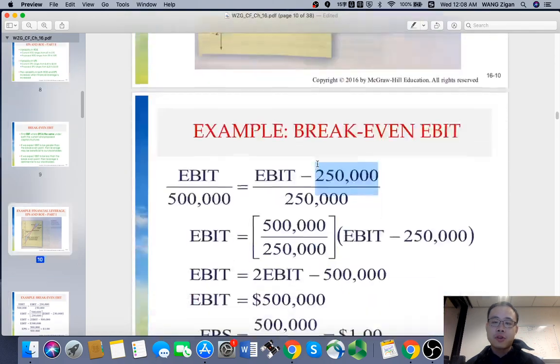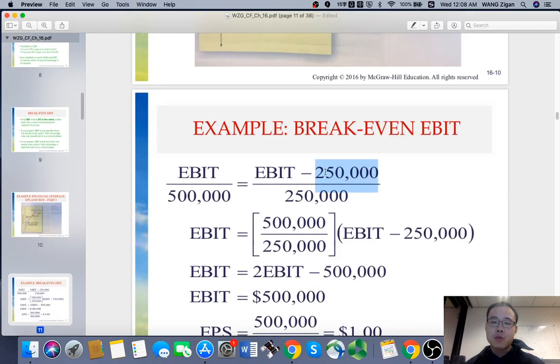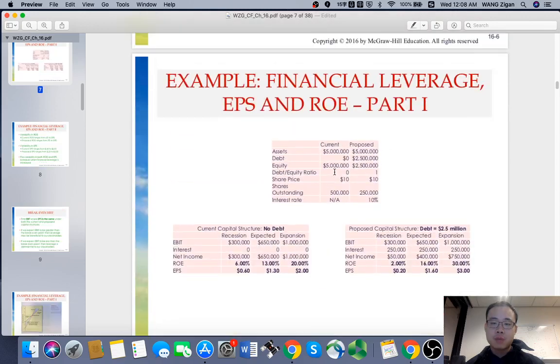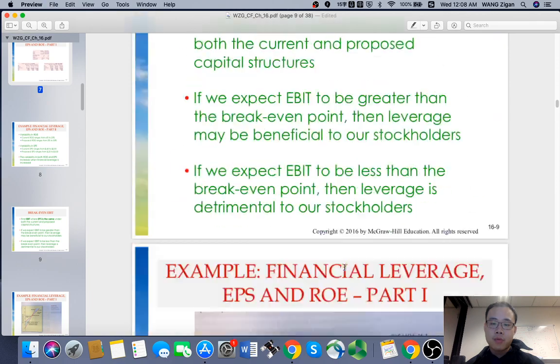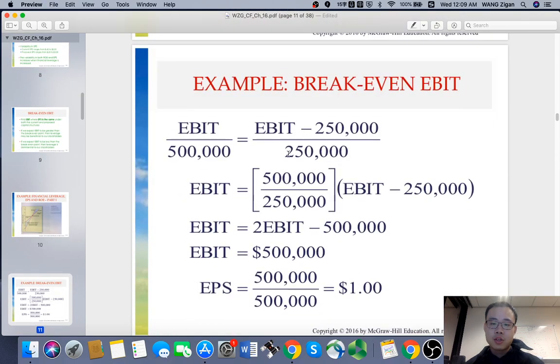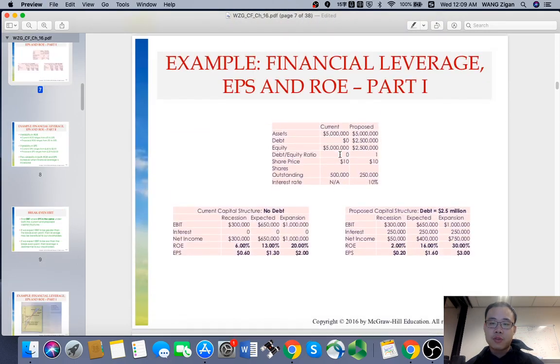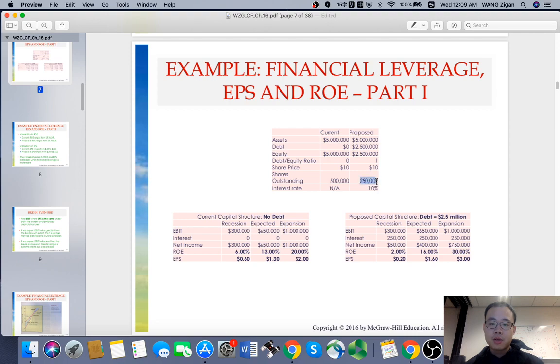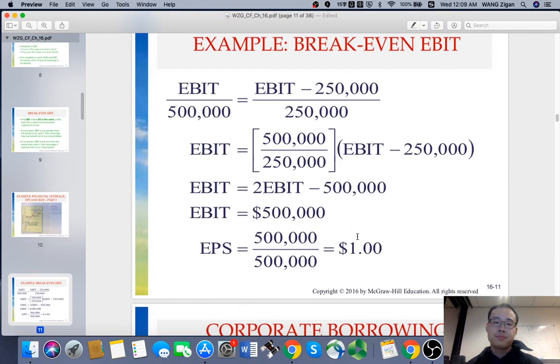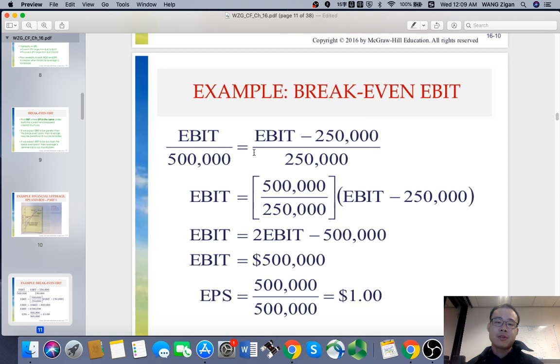The first 250,000 is from this times this, which is the interest expense. The second one, this 250,000, is from here. It's the shares outstanding. This is the EPS.